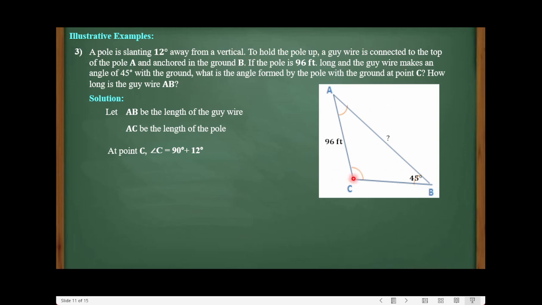Originally, with respect to the horizontal ground, it is 90 degrees. But since it is tilted by 12 degrees, we add 90 and 12 degrees. So the measure of angle C here is 102. Now you will notice that at this point we have already declared the three given parts.